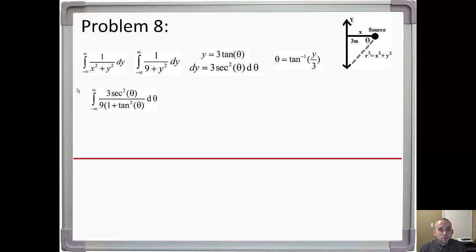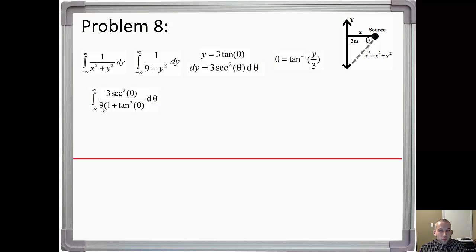Okay, so let's sub these in. dy, we know that. It's 3 secant squared theta d theta. So I'll put that in for dy. And we know that y squared is going to equal 9 tan squared theta.